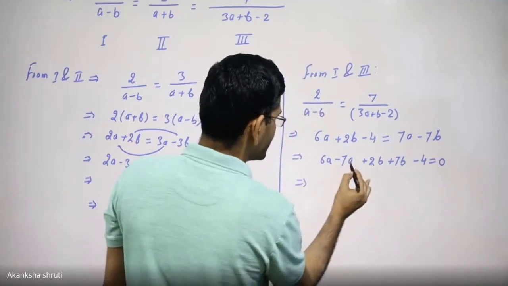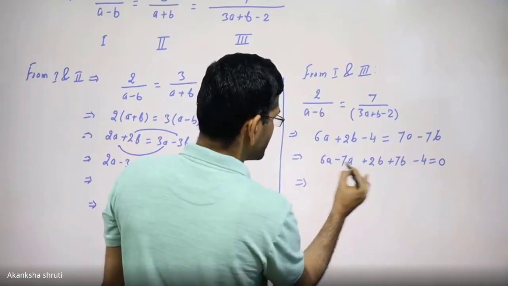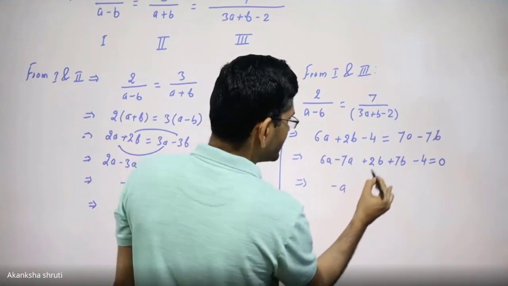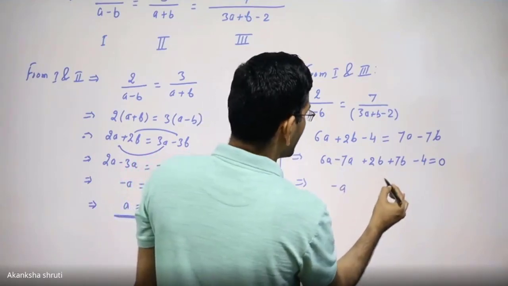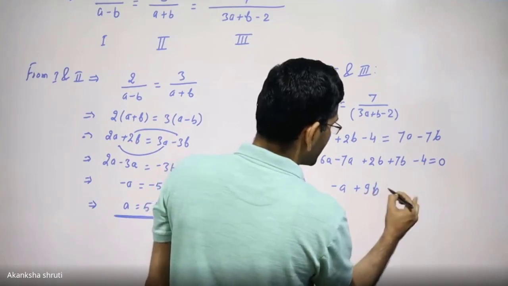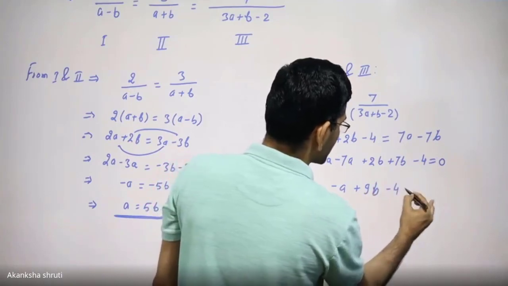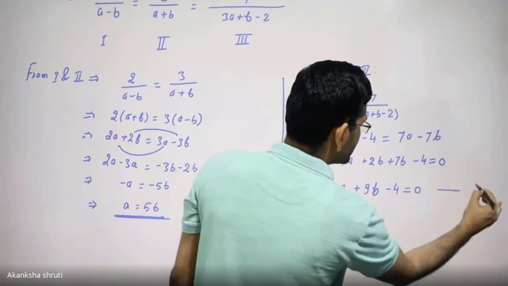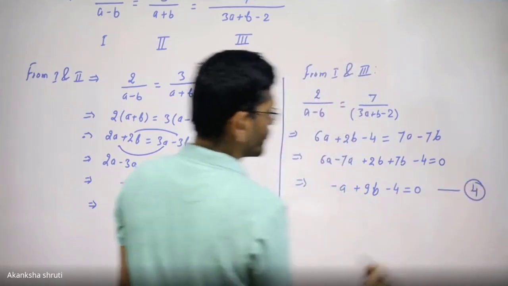This implies 6 minus 7 is minus a, 2 plus 7 is 9b, minus 4 is equal to 0. This way our new equation, equation number 4, we have framed.